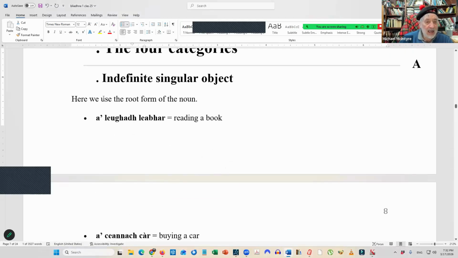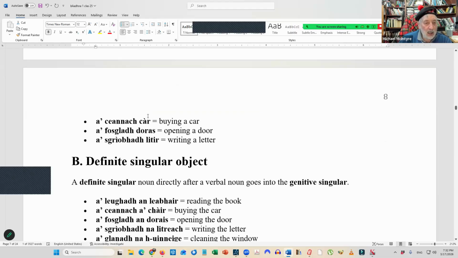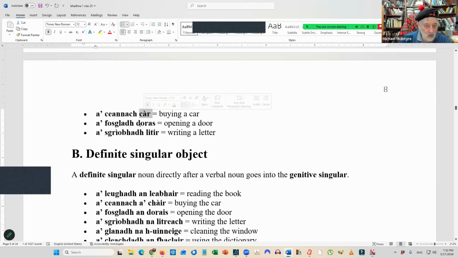Here we use the root form of the noun, the indefinite singular object. This is the easiest. So in Gaelic, lore: the root form is lore, a book, reading a book. We use just the root for the indefinite singular. A conic car: car is the root, and that's what we were buying.